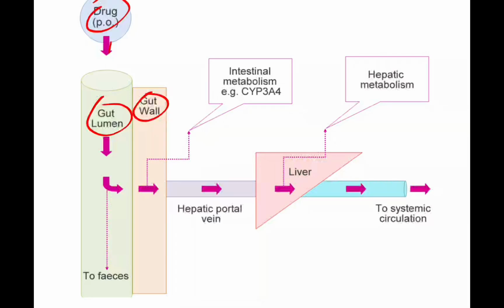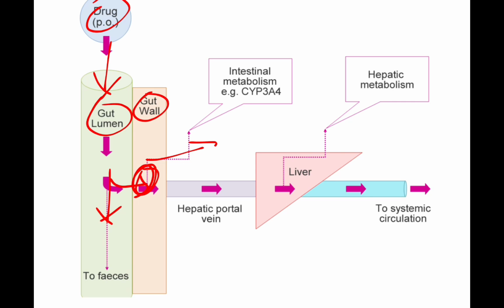When a drug gets into the gut lumen, it has to move from the gut lumen into the gut wall. In the gut wall there is intestinal metabolism. Some of the drugs are metabolized in the intestine and not allowed to cross into what? Systemic circulation. Remember we said the fraction that gets to systemic circulation tells us the bioavailability.